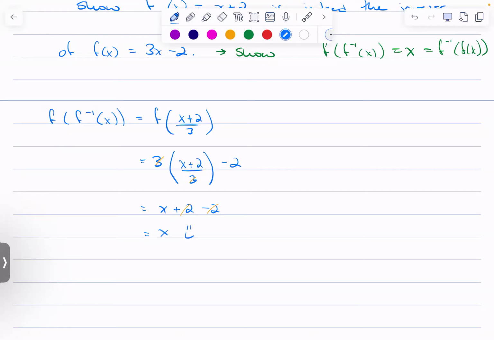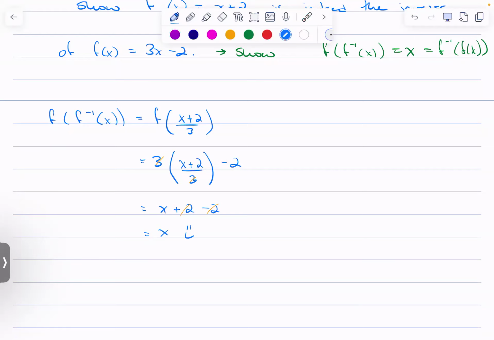What does that mean? I'm halfway to showing that the inverse I found is the inverse. It also has to work because remember the switched composition is not necessarily the same, right? But if it is the inverse, then they both equal x.